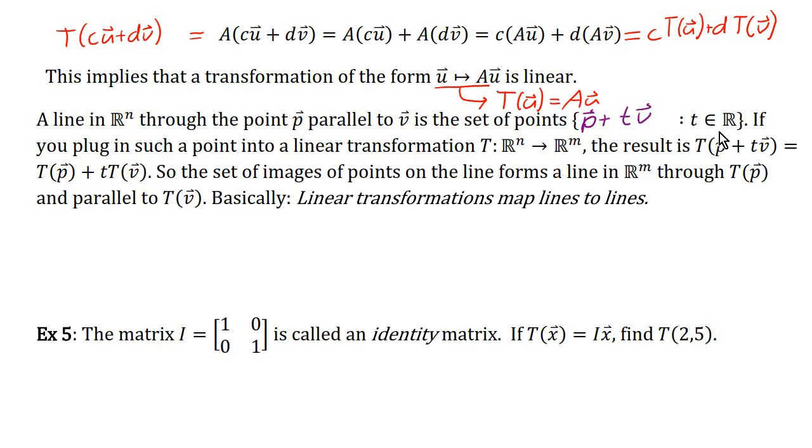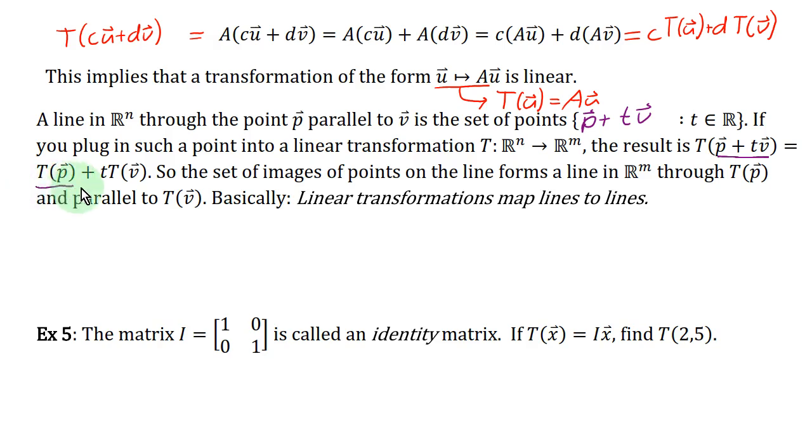So if you plug a point like that, some point on the line, into this linear transformation, here's what you get. You plug in P plus tV, but because we're assuming that this is a linear transformation, you can do the linear combination in the codomain and get the same result.